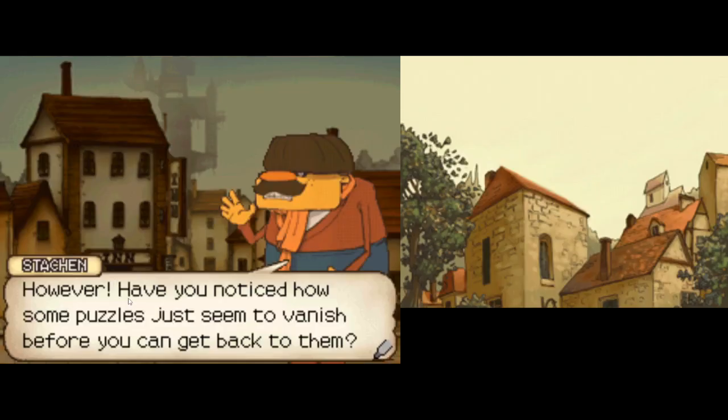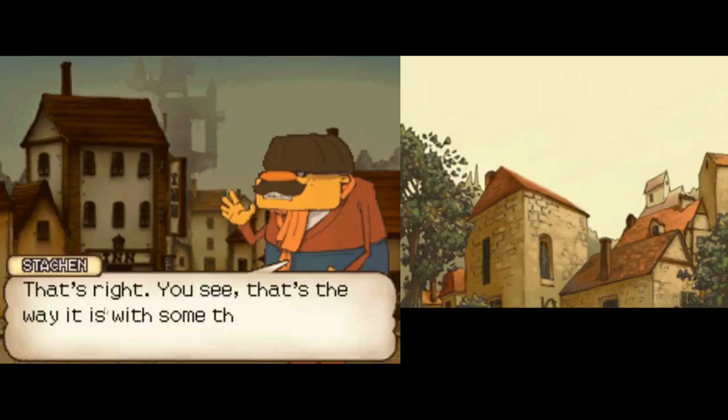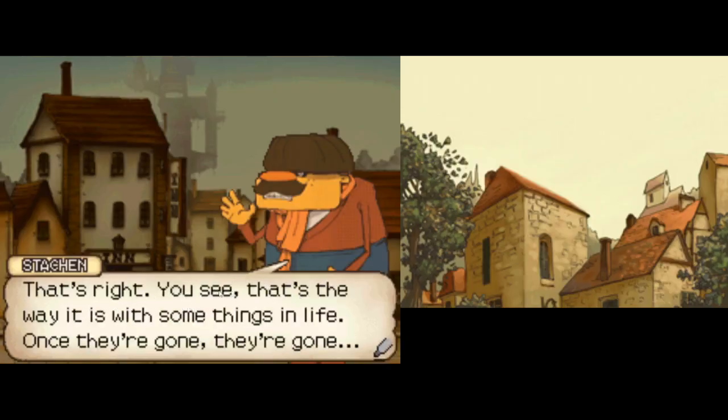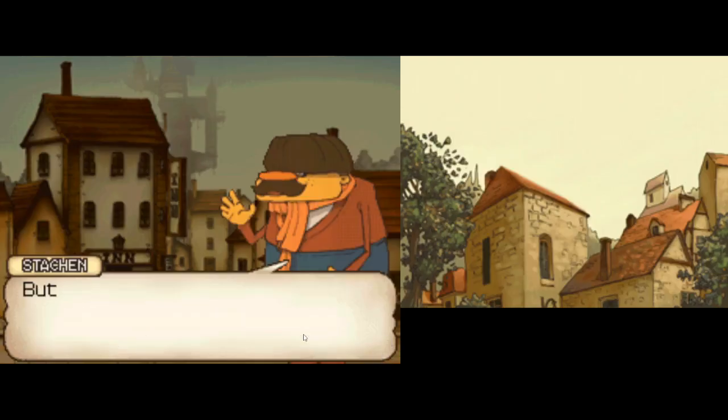However, have you noticed how some puzzles just seem to vanish before you can get to them? That's right. You see, that's the way it is with some things in life. Once they're gone for good.